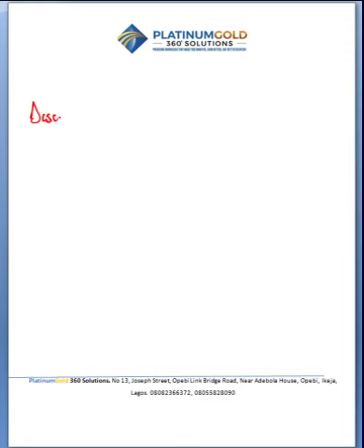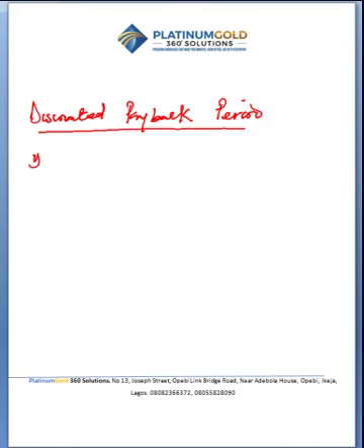Okay, so we want to calculate the discounted payback period. Starting with year 0, the cash flow, discount factor at 10%.